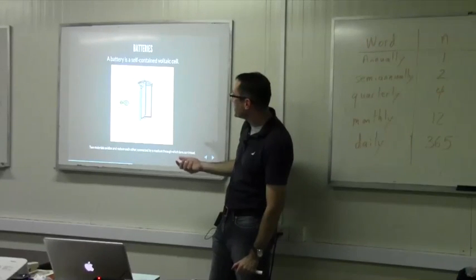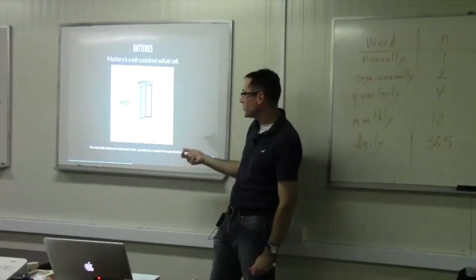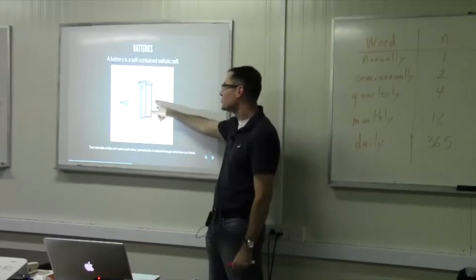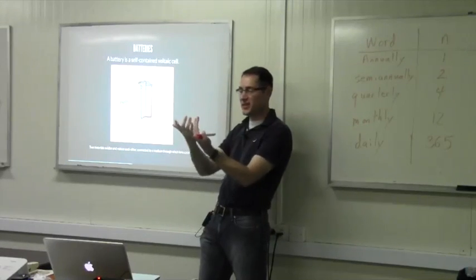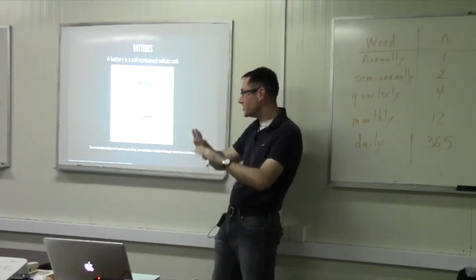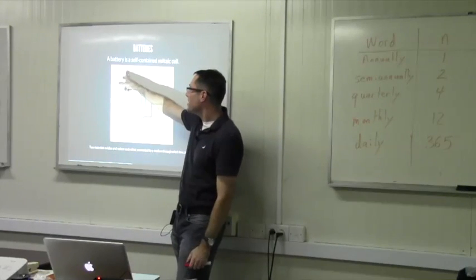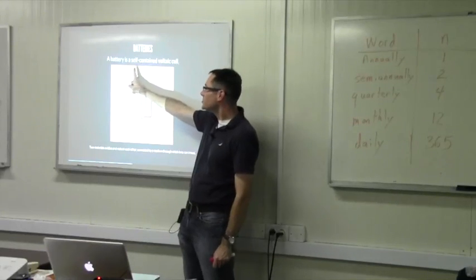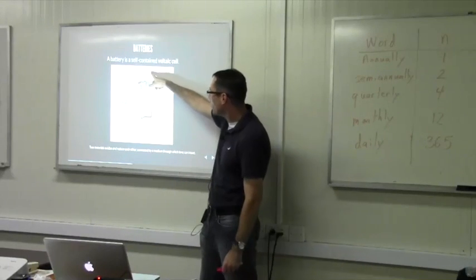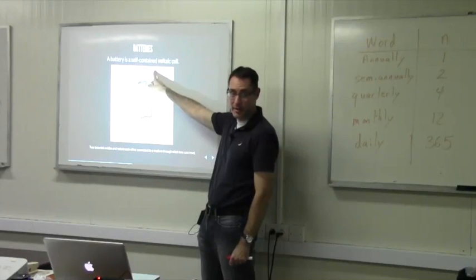And you have a reduction and oxidation reaction here. The outside of the inside of the battery is made of zinc. What's happening is the nitrate is reacting to form ammonia and hydrogen, two gases, by the way.